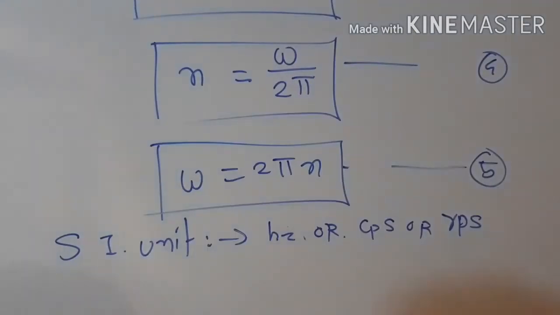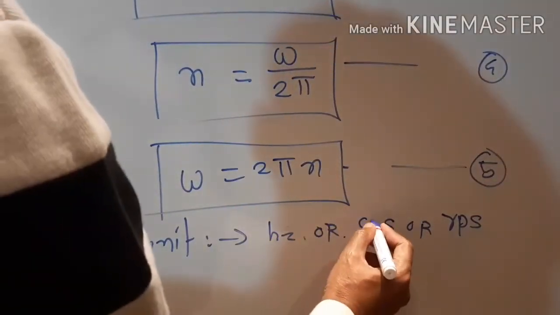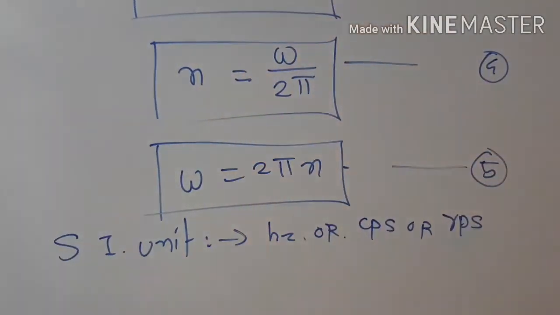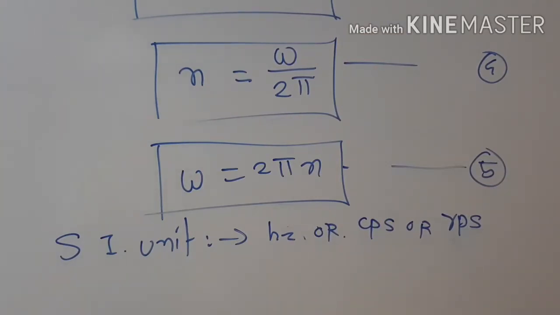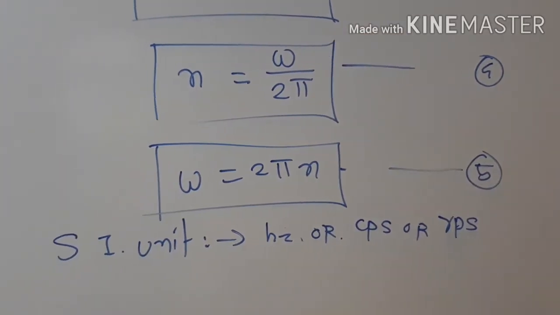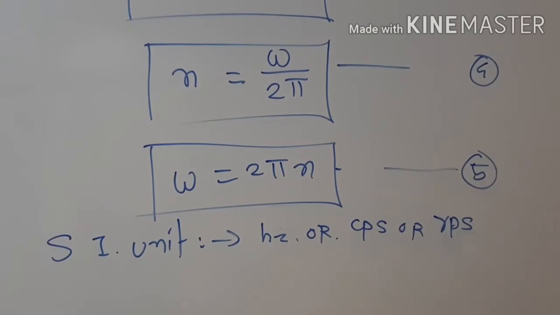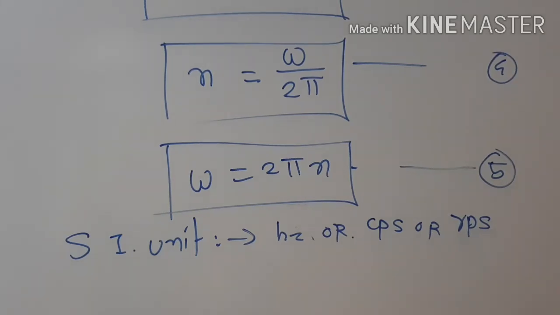CPS means cycles per second and RPS means revolutions per second. And this is an additional point from the numerical point of view, and we completed this point.